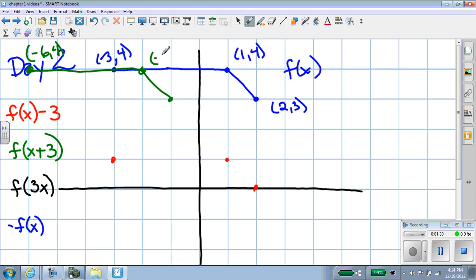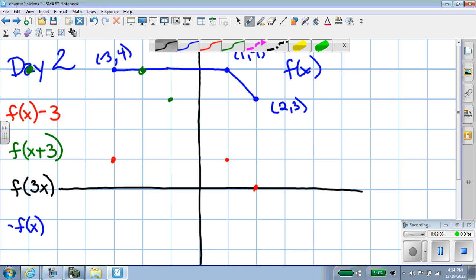This point is now -2, 4. And this point is now -1, 3. Notice the y coordinates did not change, but the x coordinates are all 3 less. I'll leave the dots again. Okay.